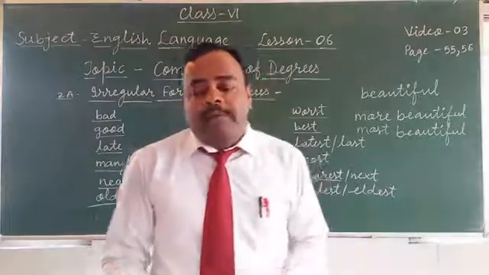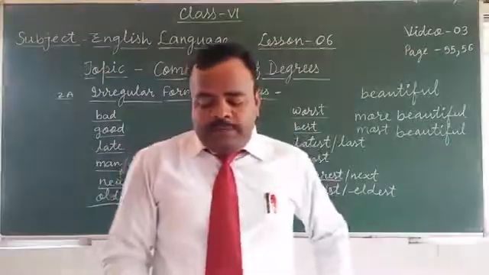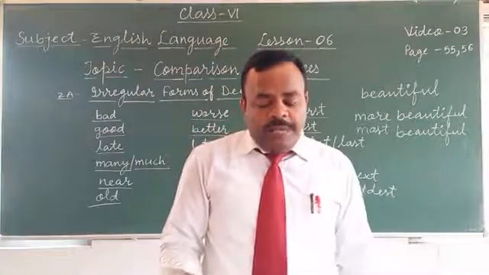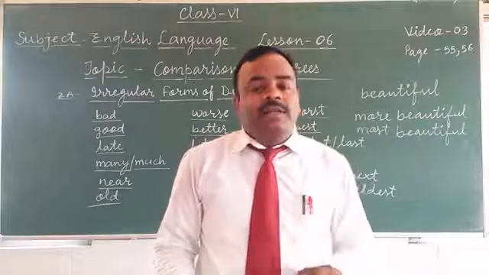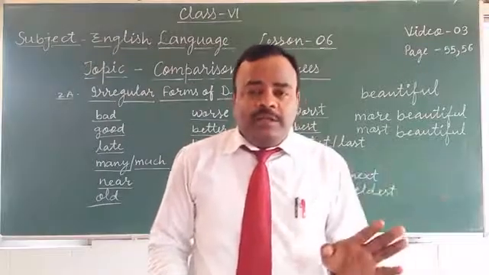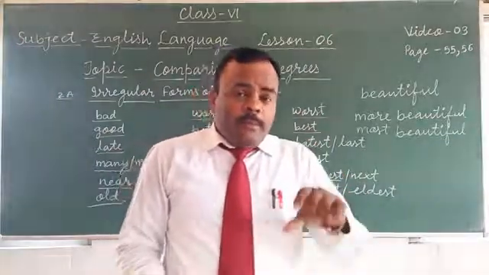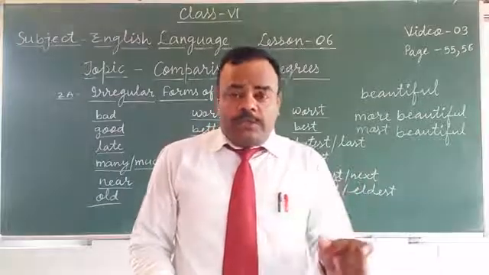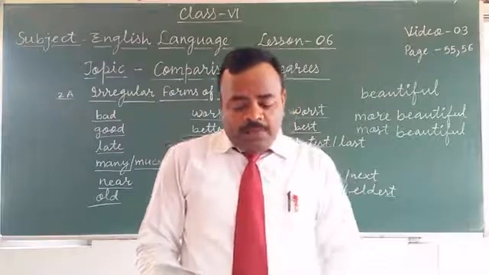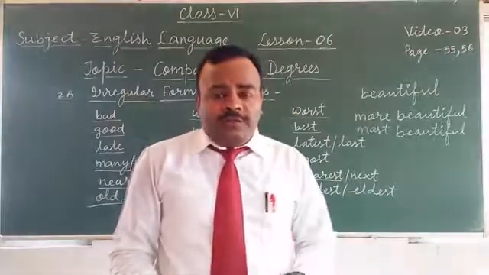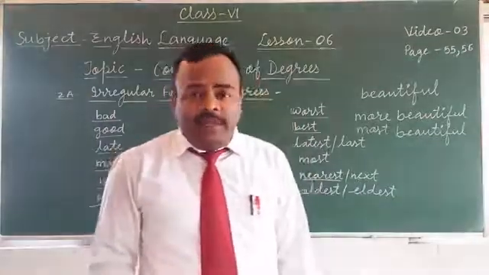Some words have comparative degree but no positive degree. Their superlative is formed with the help of most. For example, senior. Senior is comparative degree. It has no positive degree. So we make the superlative degree by using most before them. So senior, most senior; junior, most junior; superior, most superior; and inferior, most inferior.